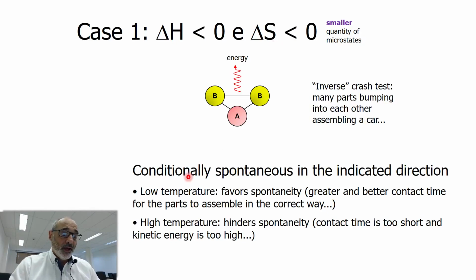So a lower temperature favors spontaneity, with greater and better contact time to assemble in the correct way. Low temperature favors spontaneity, and the opposite, high temperature hinders spontaneity, decreasing the probability of the reaction taking place because the contact time is too short and there is too much kinetic energy.